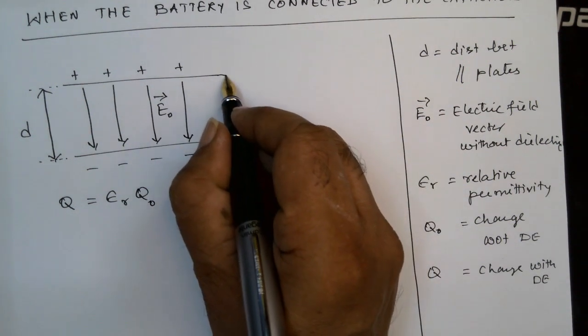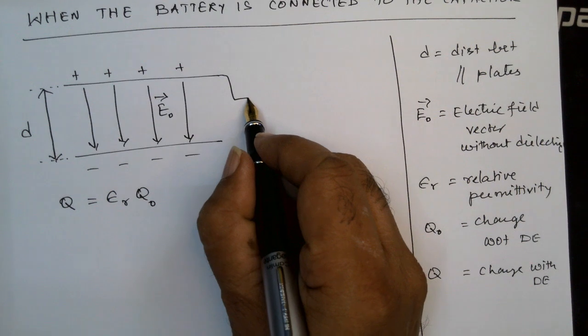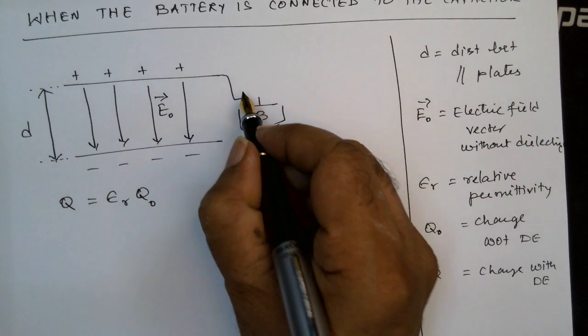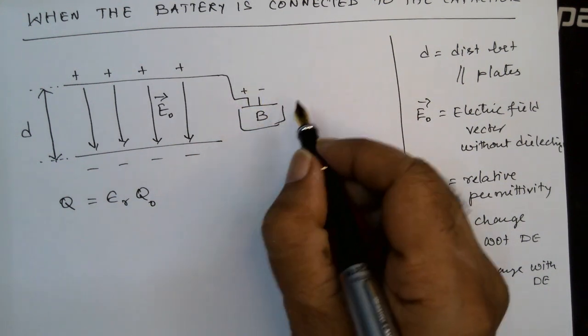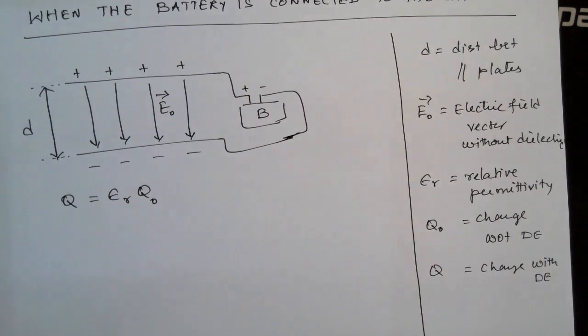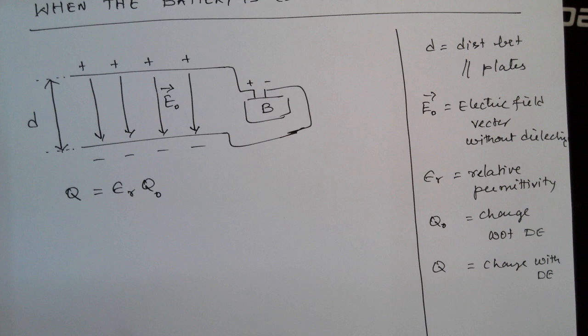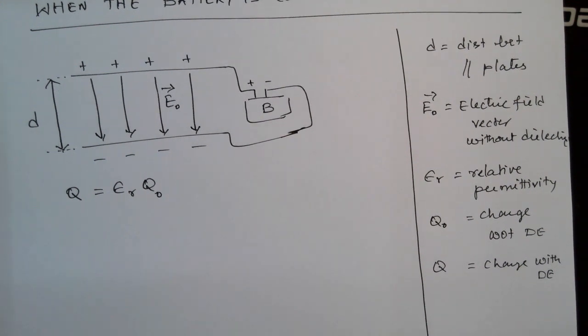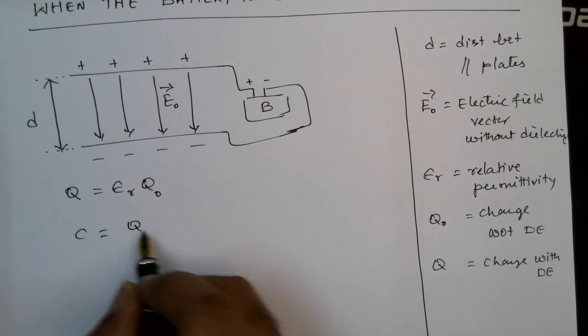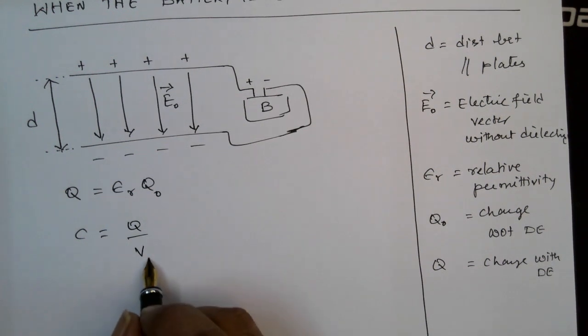Now we have connected the plus of a battery and minus is connected to this plate. Now due to the increased charge, the capacitance is also increasing, because C is equal to Q by V naught.